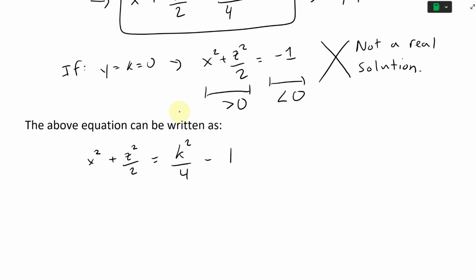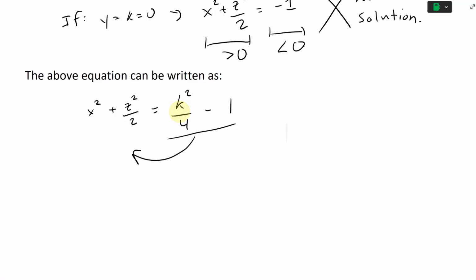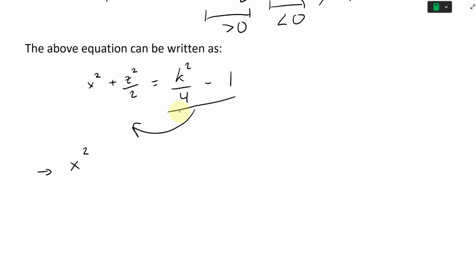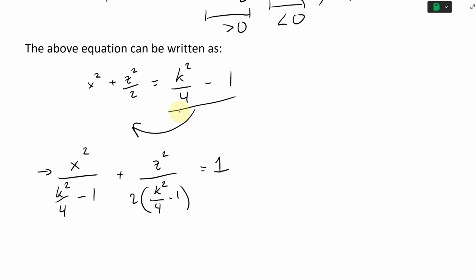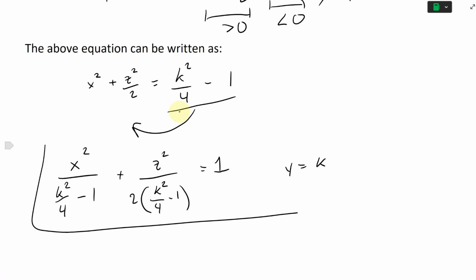And we're going to get x squared over k squared over 4 minus 1 plus z squared over 2 times k squared over 4 minus 1 equals 1. So there's our ellipse in standard form, or almost standard form. We just have to get the square root somewhere there. But this is all right. And this is for y equals k. So we rewrite all that like that, and that's for the y equals k plane.